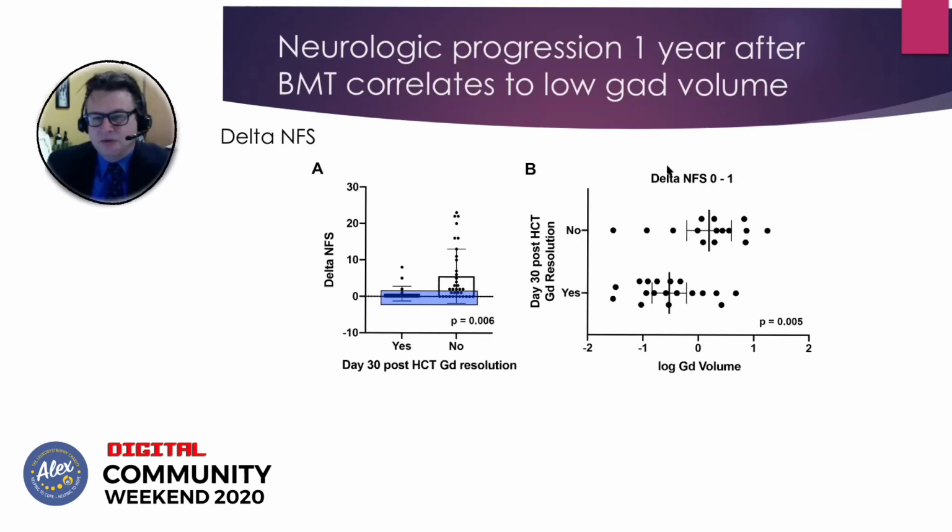Again, these are boys with a delta NFS of 0 or 1 at 1 year post-transplant. What did their volume look like? And you can see on this plot that the volumes of the boys with early gadolinium resolution were very low compared to the boys that did not resolve their gadolinium. So again, this shows that the volume of gadolinium actually is important. And in low NFS boys, the lower the volume, the better the outcome, and the earlier the disease goes into remission.